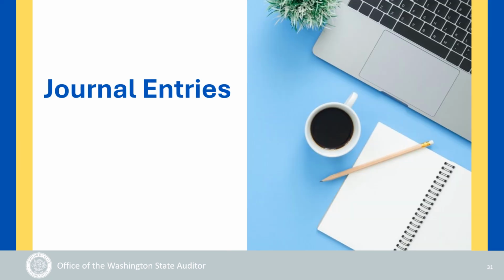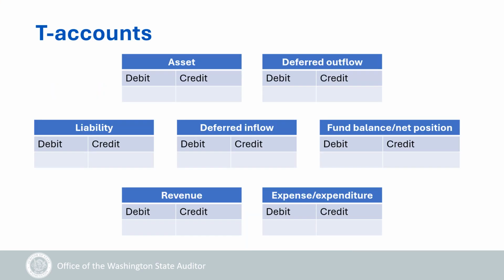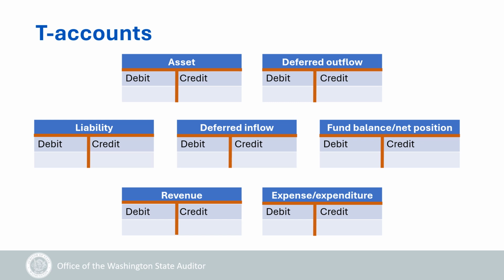Now that we're familiar with the most common accounts, let's practice using them in some journal entries. When completing journal entries, one helpful tool are T accounts. They are called T accounts because you draw a line across the top and down the middle, making a T shape.